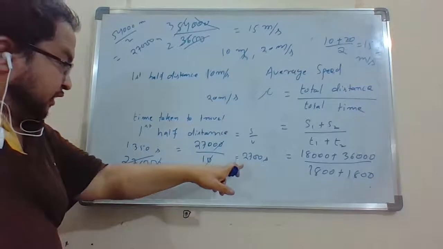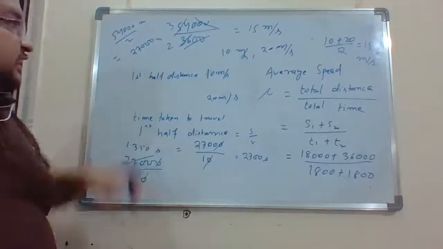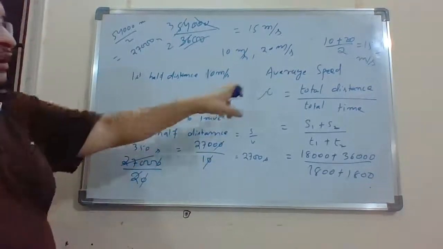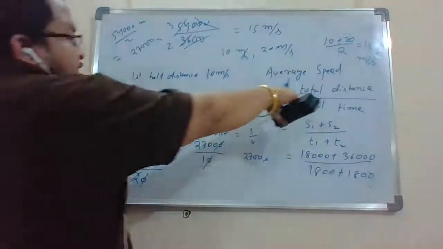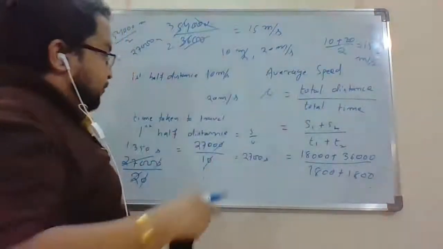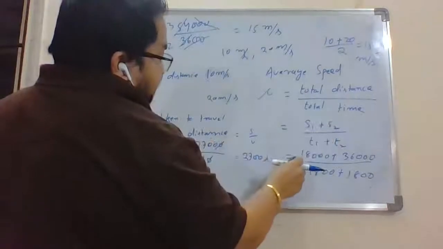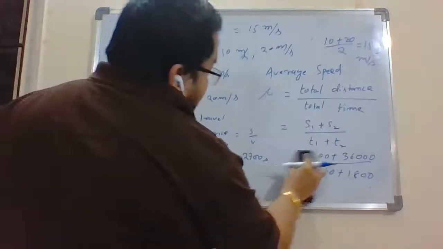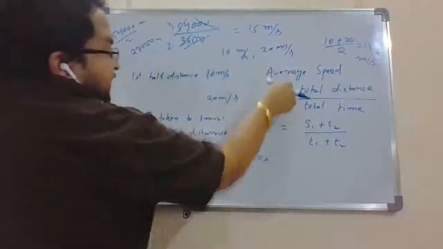Now we have got the two times, we have got the distances, and now let us calculate the average speed. So average speed is total distance by total time. So total distance s1 plus s2 by t1 plus t2. Let us just put in these steps only.